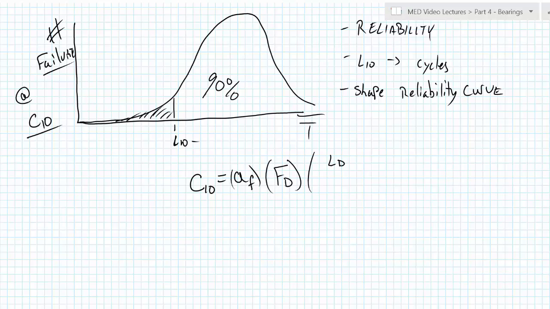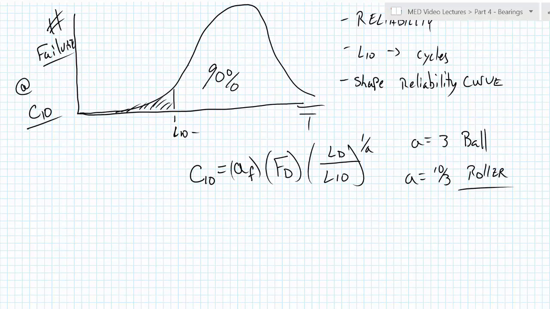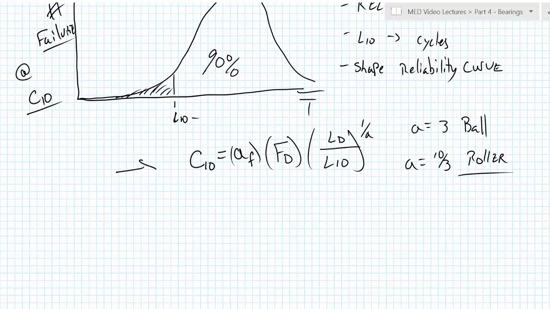So our life desired divided by our rated life raised to the 1 over A, where again A equals 3 for ball bearings and A equals 10 over 3 for roller bearings. All right, so that gets us a bearing at the reliability that our manufacturer has specified. So for example, it may be 90%.